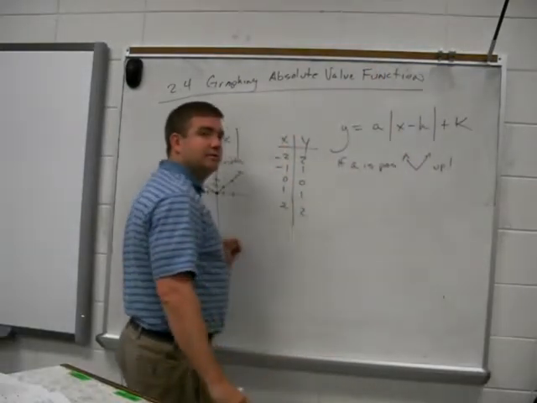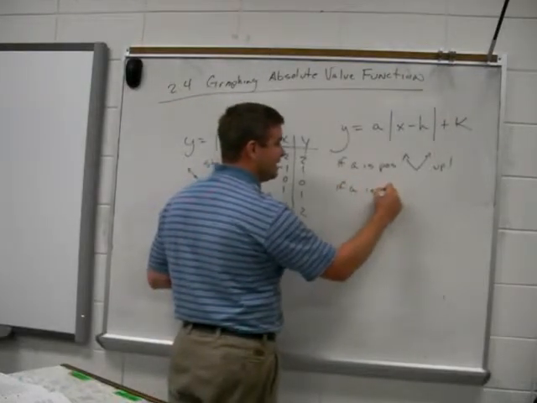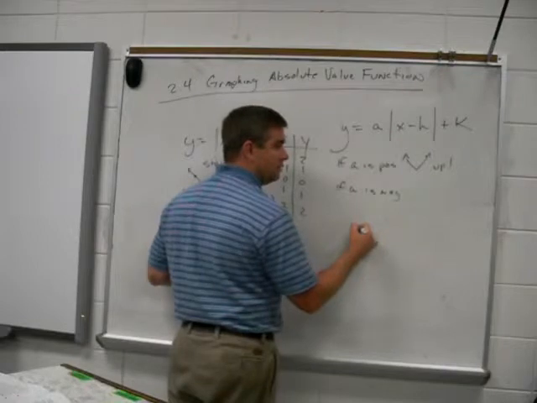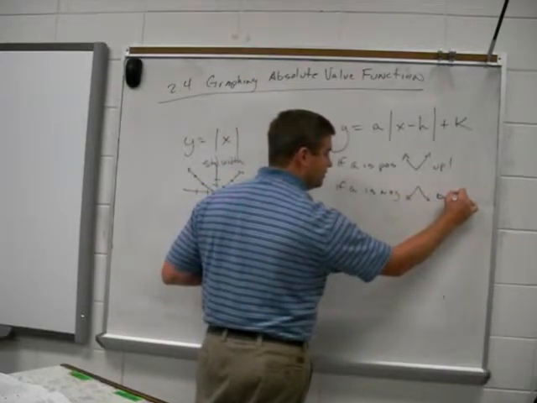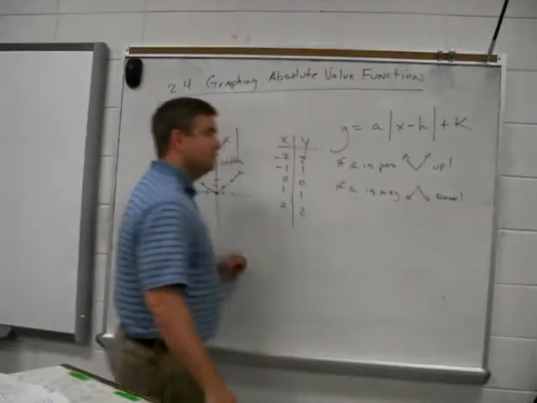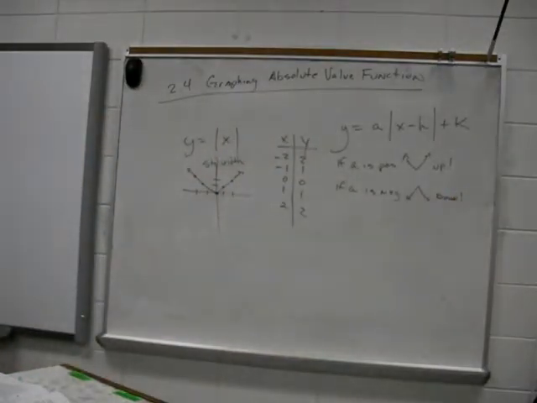Okay? Commit that to your memory. If A is negative, then what? It's going down. The only other choice. If A is positive, then it's going up. If A is negative, then it's going down. Okay? Those 2 little things you've got to memorize. You've got to be able to tell.